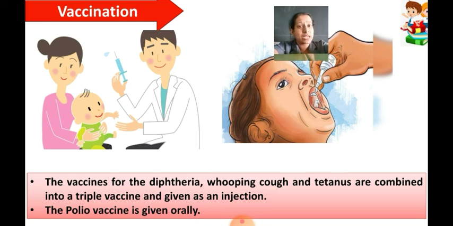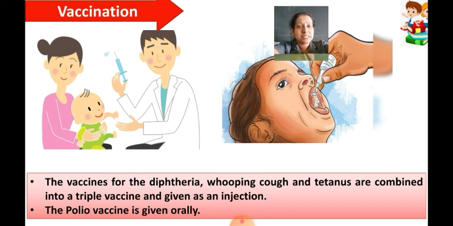Now we have learned how we can prevent certain diseases, and of course even though germs enter our body, it is always ready to fight against certain diseases. But there are certain diseases which we cannot control, like polio, diphtheria, whooping cough and tetanus.